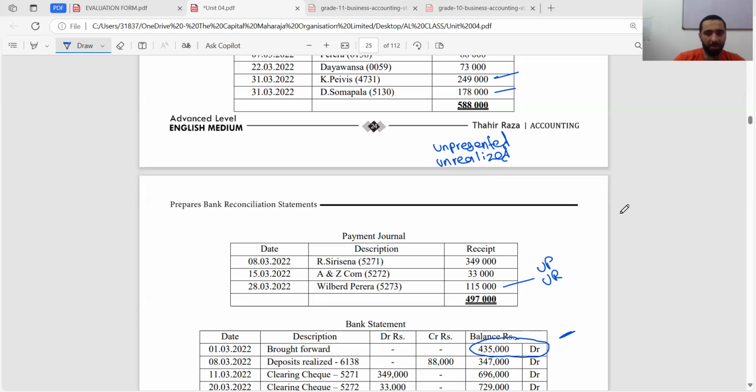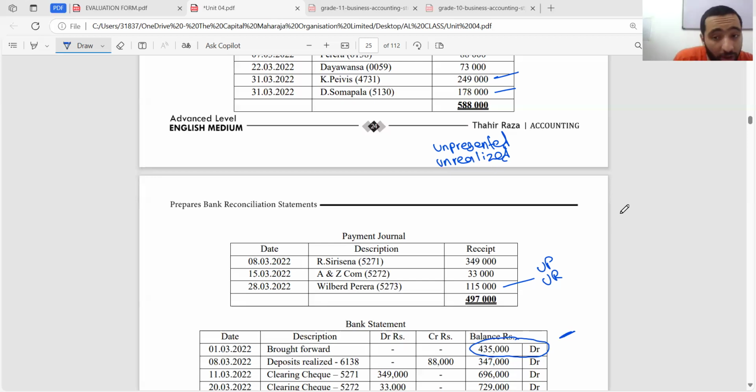What about Ashini? Is this 115,000 unpresented or unrealized? Even if your answer is wrong, no problem, I will still give you an explanation. Yes, very good. All three have given the correct answer.